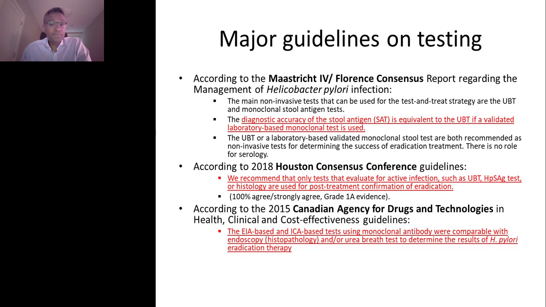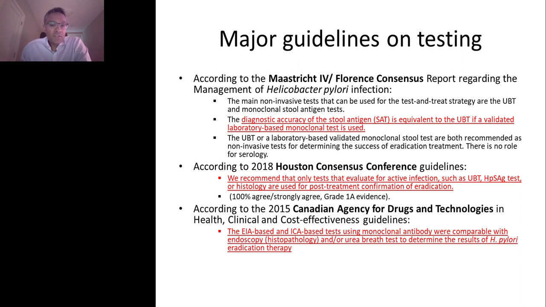So what do the major guidelines on testing say about stool antigen testing versus urea breath testing for H. pylori infection? Firstly, the Maastricht 4 Florence Consensus Report concluded here in red that the diagnostic accuracy of the stool antigen test is equivalent to the urea breath test if a validated laboratory-based monoclonal test is used.